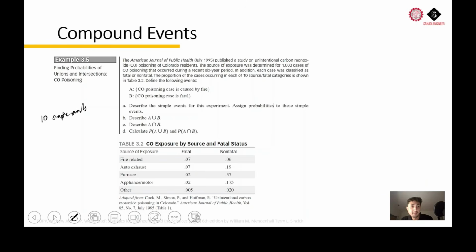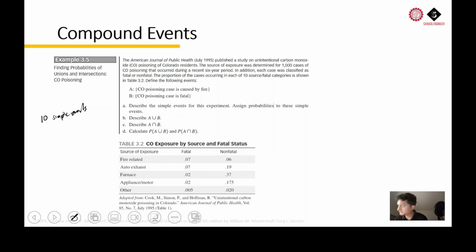Since the probability of an event is the likelihood that the event will occur in a long series of observations, the probability of each simple event can be approximated by the proportion of times the simple event occurs in the 1,000 cases. These proportions are listed in table 2.2. If you sum these 10 probabilities, you will find the sum to 1. Yeah, because that's rule number 2.